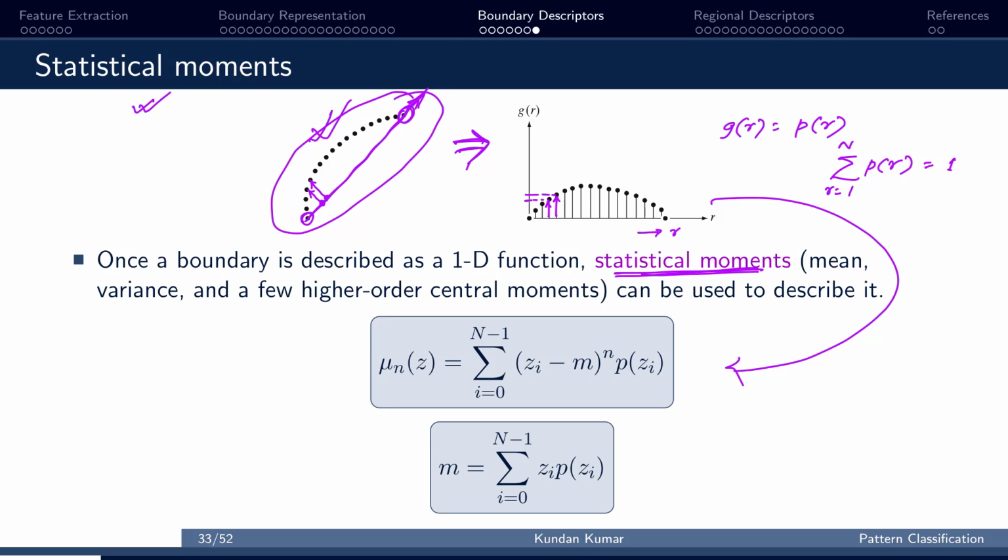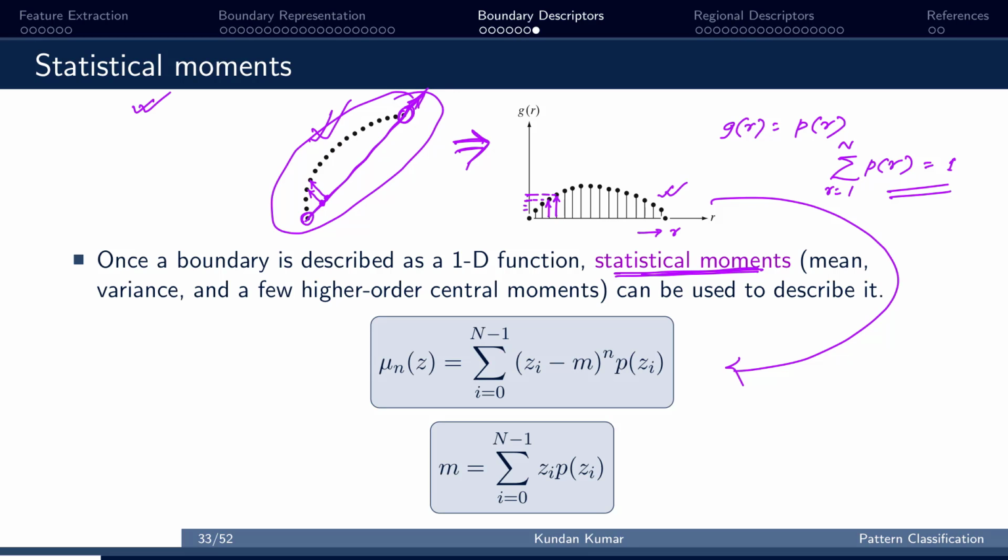So all the values will be normalized in such a way that the summation of all the values will be 1, so that it becomes our probability mass function, because these are discrete values.